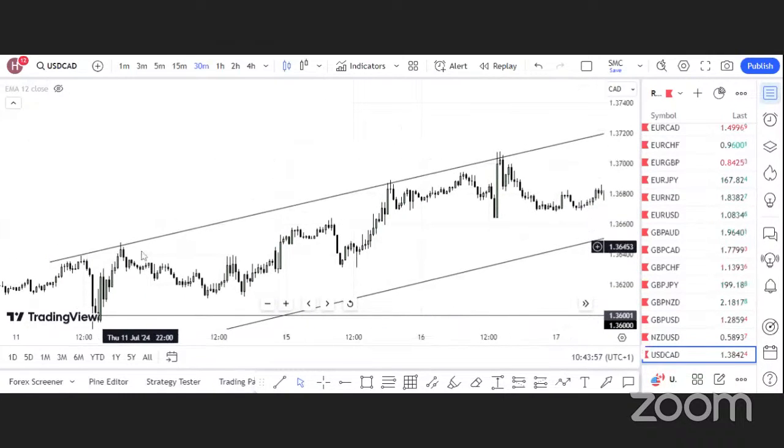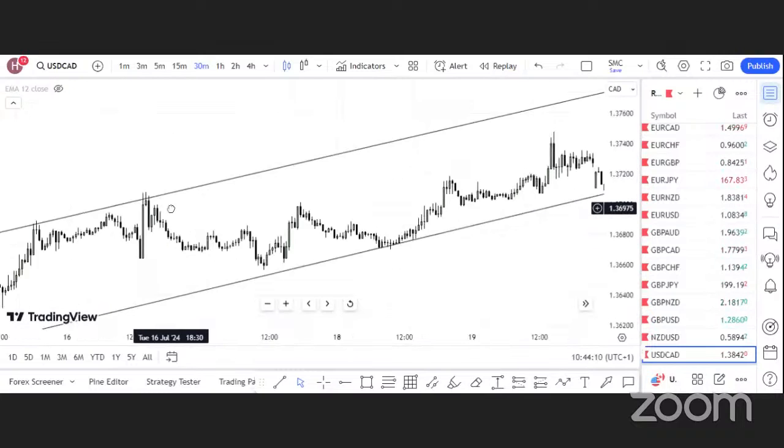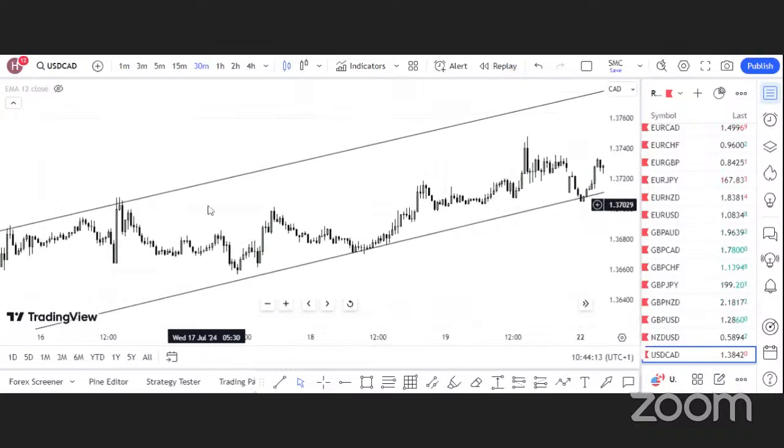So this is where the market first touched the trend line and then sold to the downside. Okay, so we have another touch and another touch here. In the market, every time the market hits it, the market will go the opposite direction.